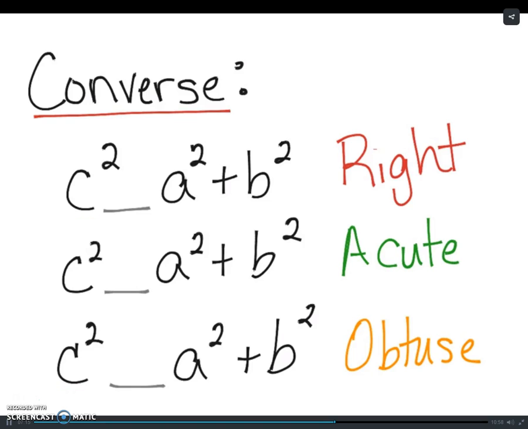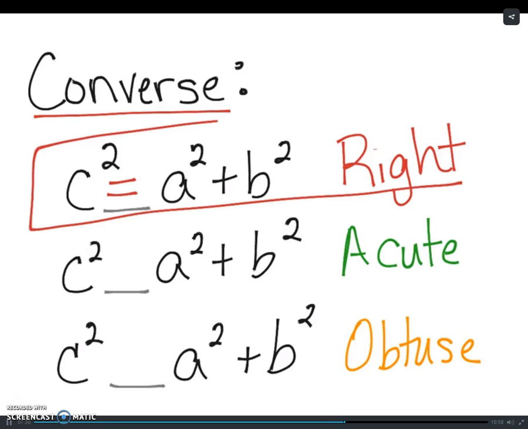And when we do that, we are going to know 3 things. We can actually use this to classify a triangle. So first of all, if c squared is equal to a squared plus b squared, then this is a right triangle. And this is just our Pythagorean theorem written backwards, right? That's all it is.